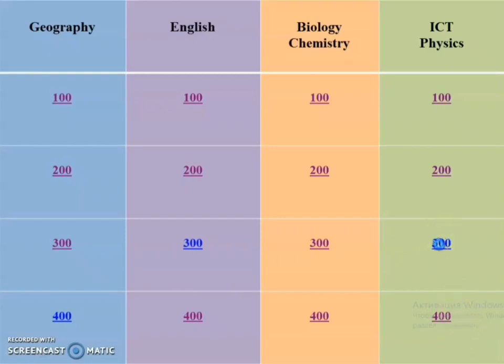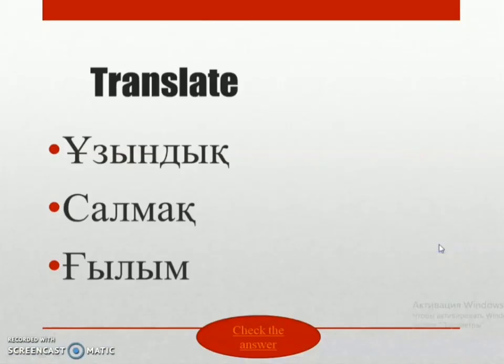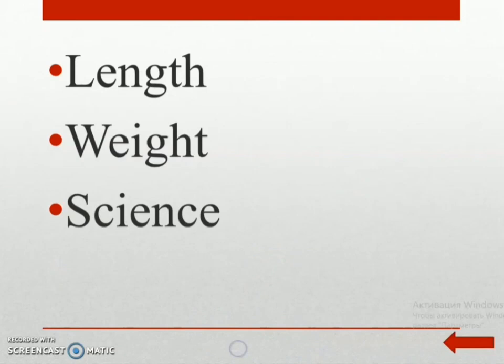ICT Physics 300. Translate from Kazakh language to English. Uzunluk, salmak, ғылым. Length, uzunluk. Weight, salmak. Science, ғылым.